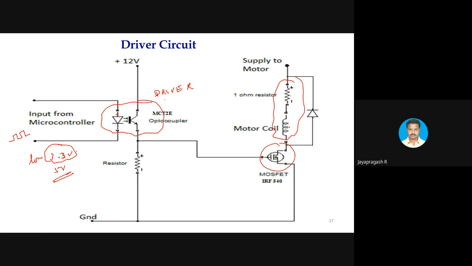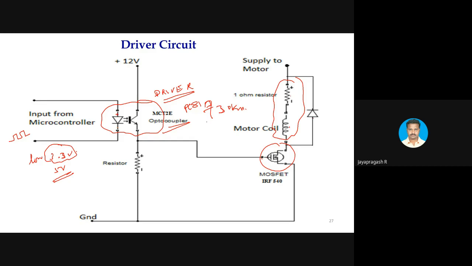So we use a driver. One of the major roles of the driver is that it amplifies the control signal to the level required to turn on the device in a power electronic converter. We used the MCT2E, an optocoupler. Not only the MCT2E, you can also use the PC817, which can drive up to 30 kilohertz, I think.